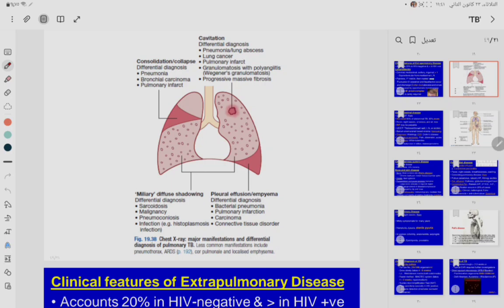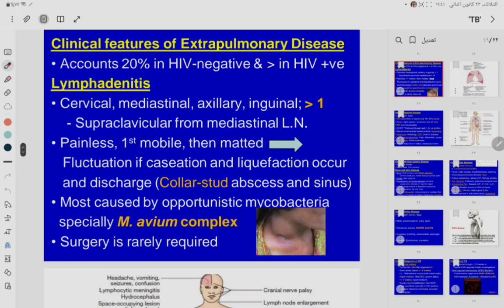Next. Clinical features of extrapulmonary TB: it accounts for 20% in HIV negative, and we often see it more in HIV positive patients. Lymphadenitis: cervical, mediastinal, axillary, inguinal, and supraclavicular. Often they are matted, painless, mobile, fluctuating, with caseation, then liquefaction, then probably they will cause an abscess and sinuses and collar stud abscess.